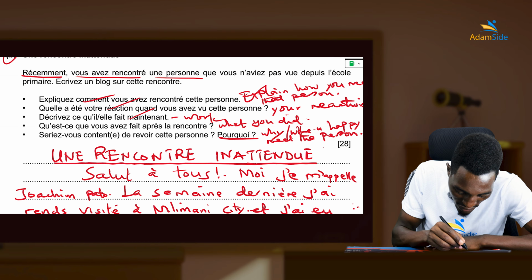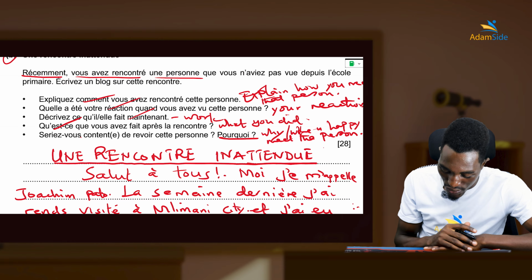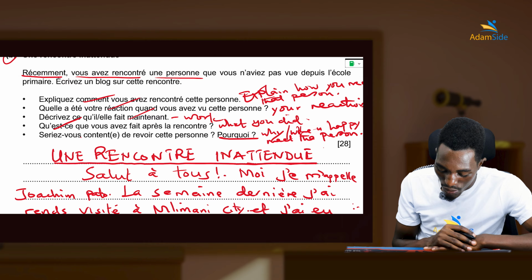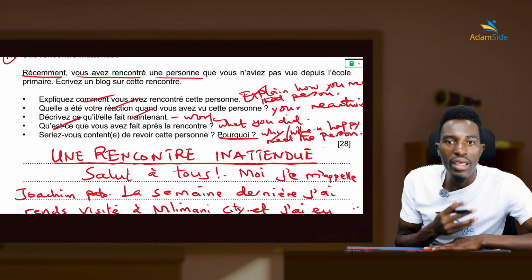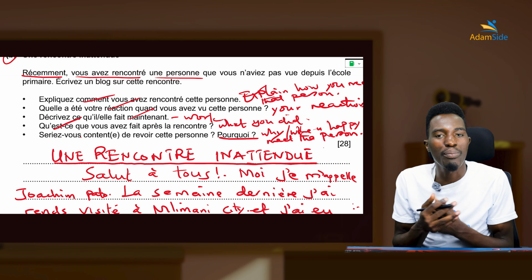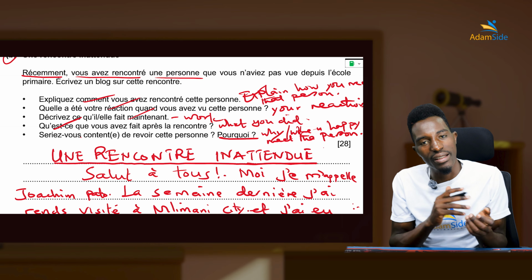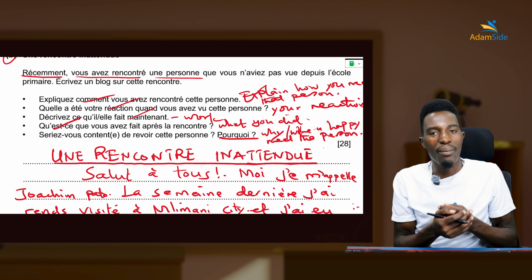So we are done with this. We are going to the last part. Seriez-vous content de voir cette personne? Would you be happy to see that person? If yes, say why. So maybe I can say, yes, I enjoyed meeting Paul because we talked about friends.